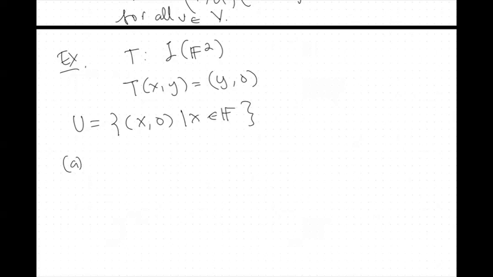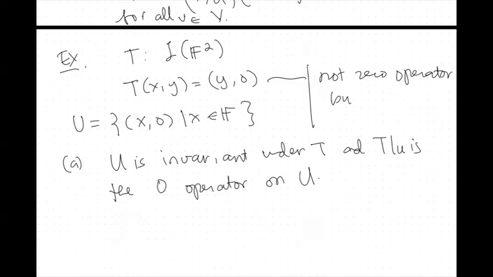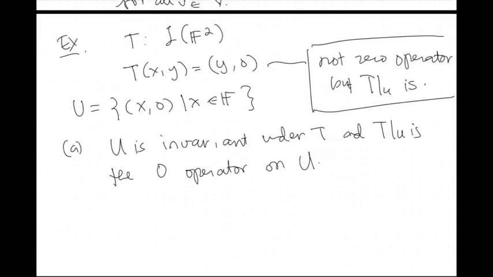Number one, U is invariant under T, and T restricted to U is the zero operator on U. Here, note that T is not zero, but T restricted to U is the zero operator on U. Okay, let us show this.